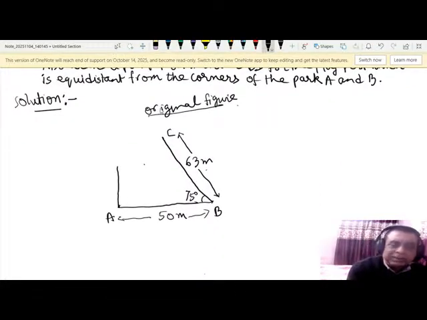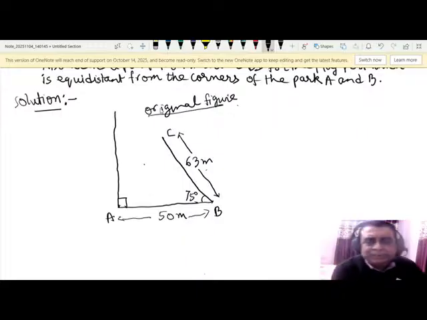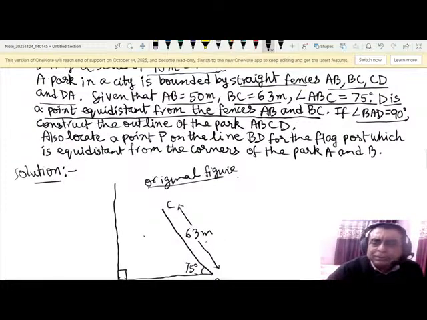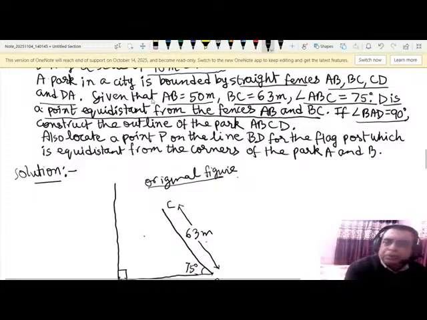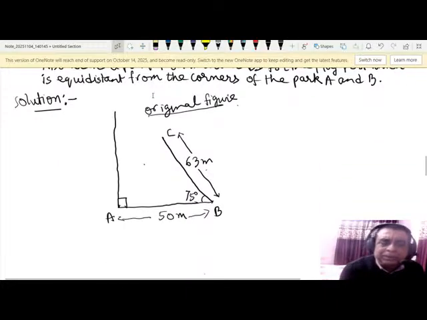So this angle is 90 degrees. So point D is lying somewhere on this perpendicular line, the line which is making a 90-degree angle with AB. And it is told to us the point D is equidistant from the lines AB and BC. So point D is equidistant from BC as well as from AB.